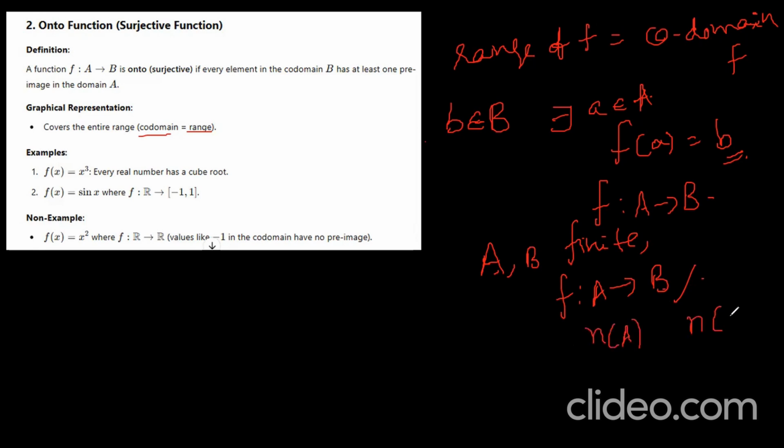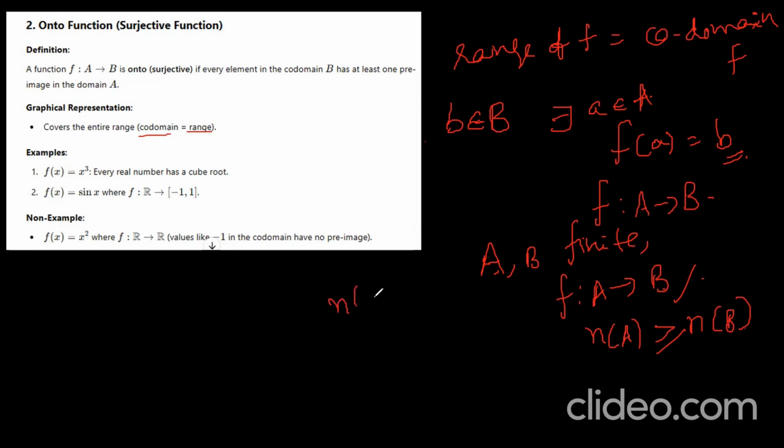Think about it. n of A should be greater than or equal to n of B. Am I right? Yes. n of A should be greater than or equal to n of B in the case of surjection. Whereas in the case of a one-to-one function, n of A is less than or equal to n of B.